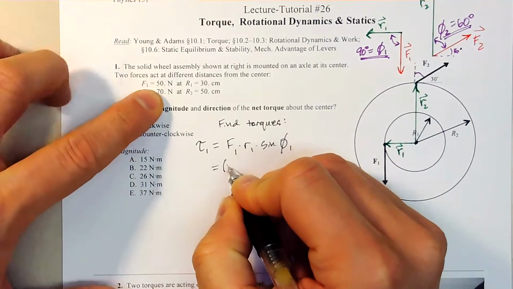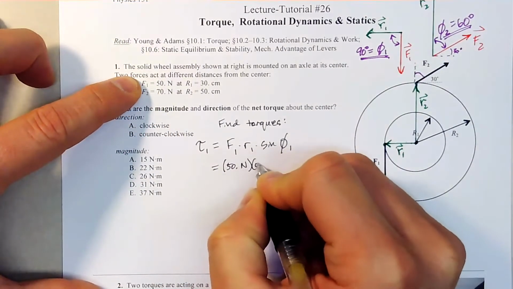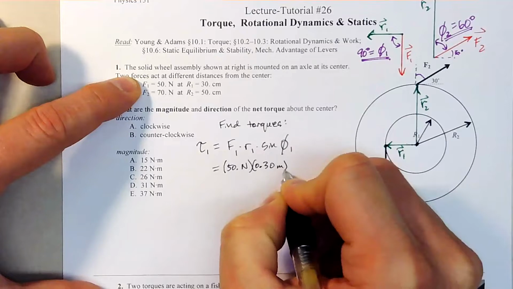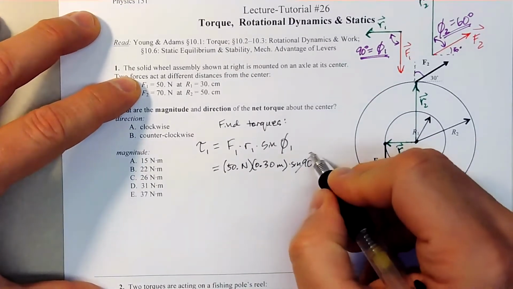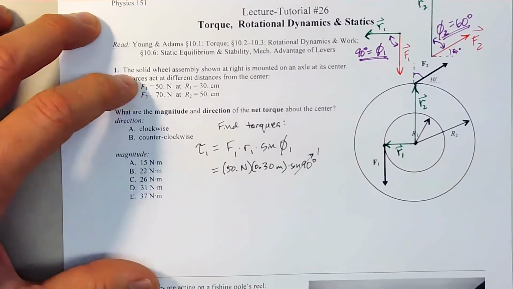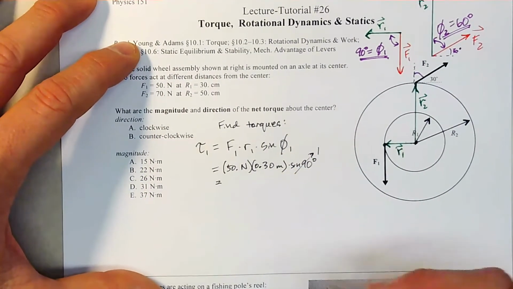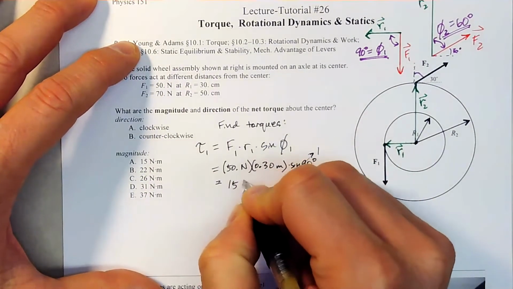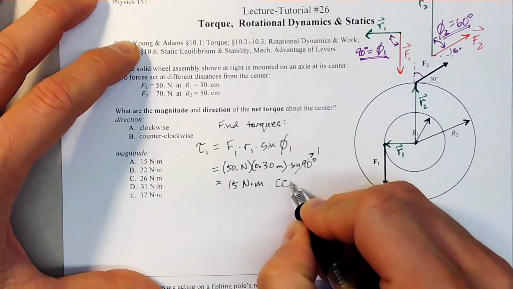So using the values given in the problem, this is 50 newtons at a distance of 0.3 meters times sine of 90 degrees, which is just 1. When this is 1, you can also just omit it or just write 1. And I see that this is going to be exactly 15 newton meters, and it's in the counterclockwise direction.